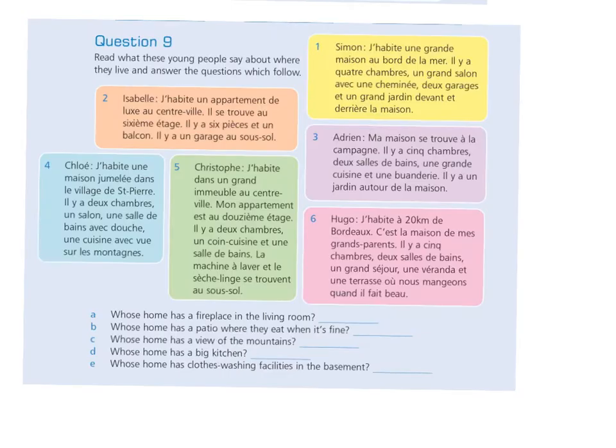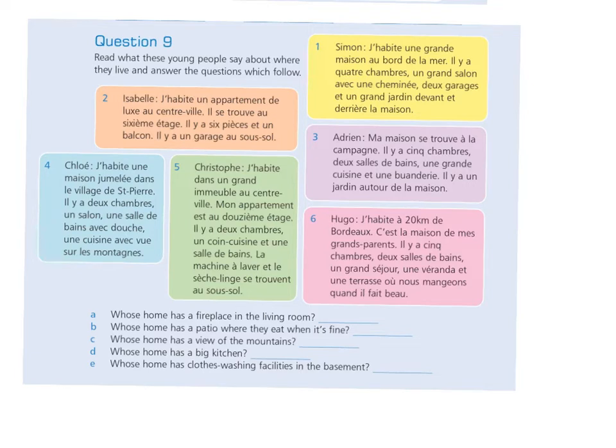Okay. Read what these young people say about where they live and answer the questions which follow. So we'll go through them, we'll read through them, and then we'll answer the questions. So Simon, 1. J'habite une grande maison au bord de la mer. I live in a big house by the sea. What I want you to do here is pause me after each sentence and try and translate what it means.